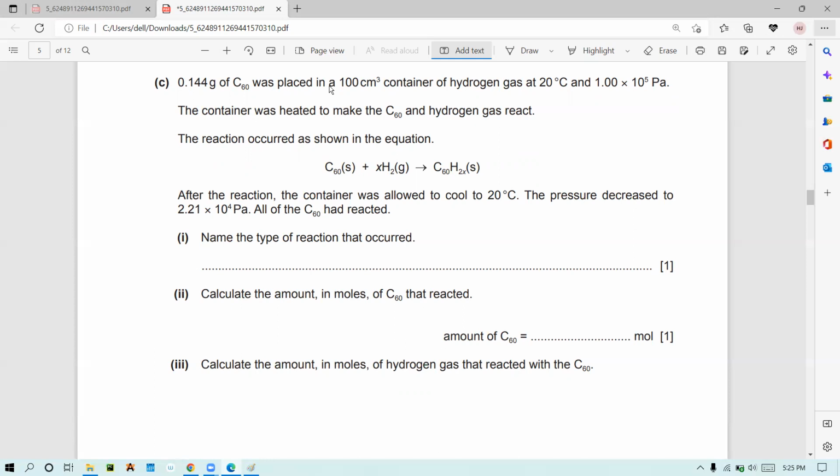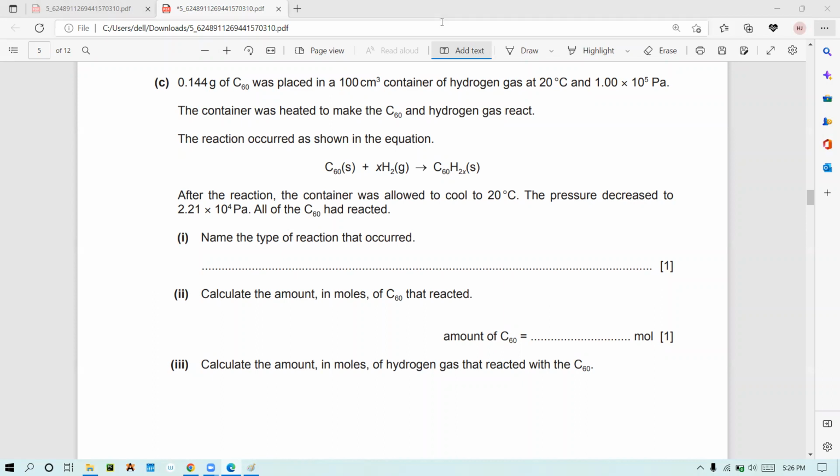The container was heated to make the C60 and hydrogen gas react. The reaction occurred as shown in the equation: C60 reacts with hydrogen, we don't know how many hydrogen. After the addition, the container was allowed to cool to 20 degrees Celsius. The pressure decreased to some value. All of the C60 had reacted.